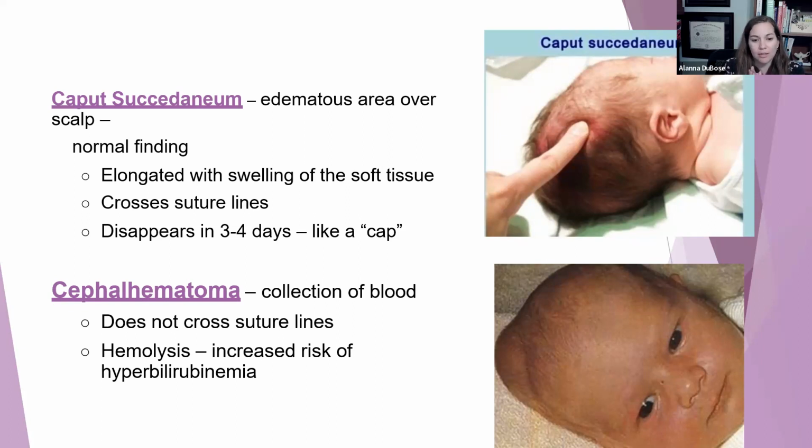Cephalohematoma, on the other hand, is an actual bleed within the scalp. It is like a broken blood vessel that collects blood in that area.